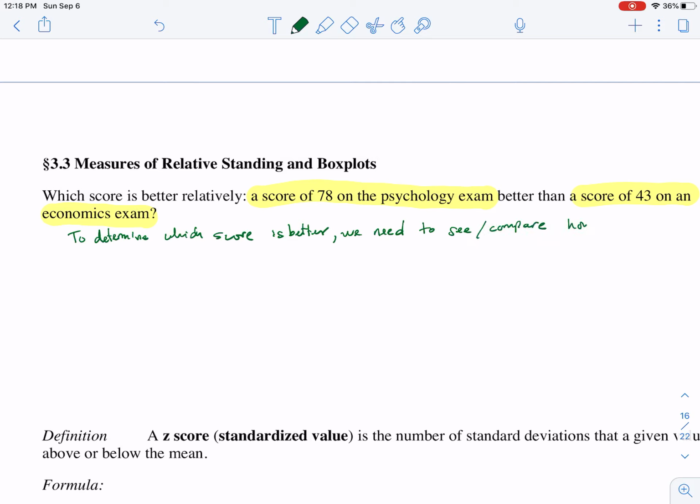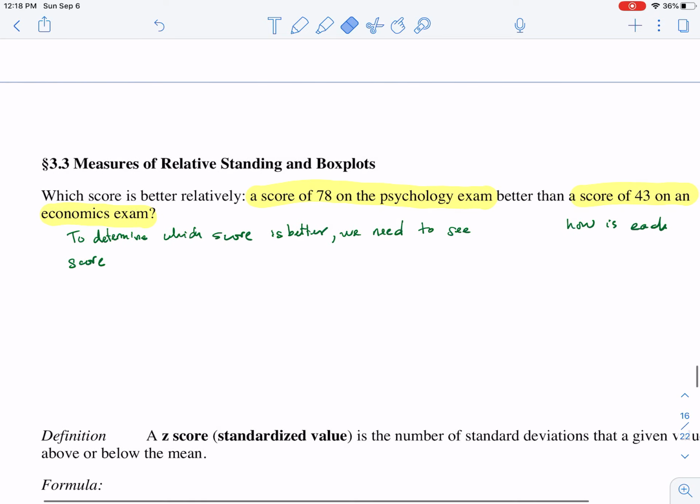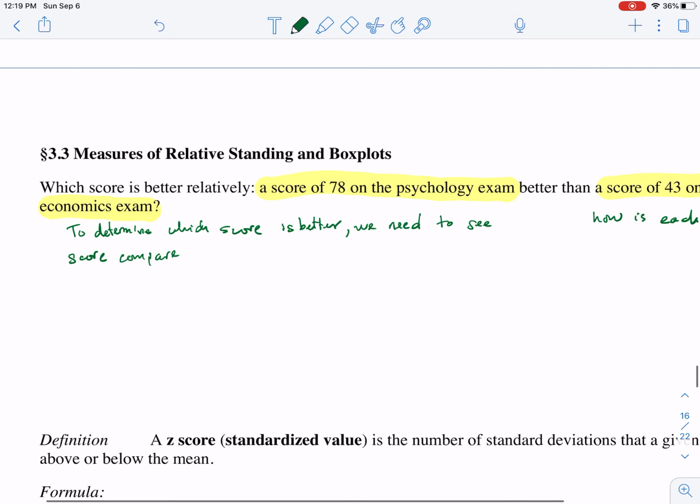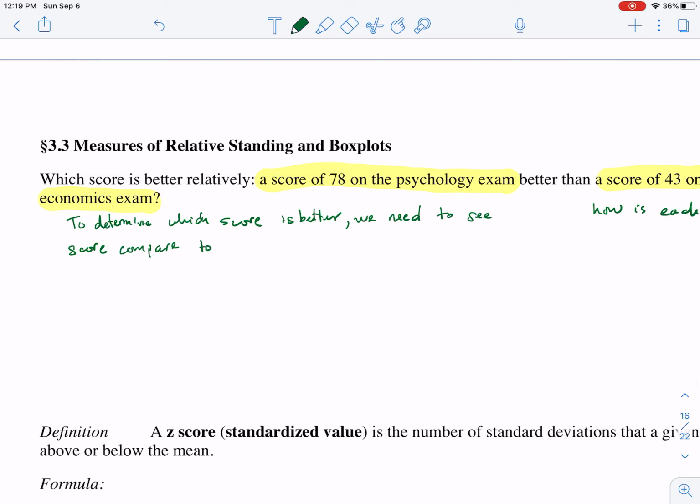I need to see how each score compares to the class average score, or the rest of the class. So that's what we have to figure out.